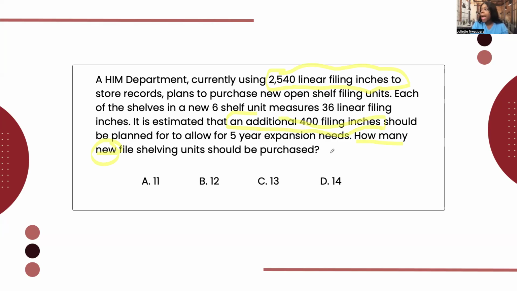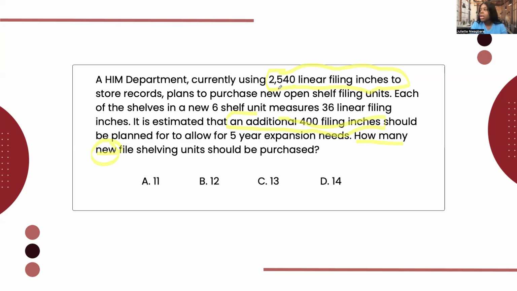We're trying to figure out how many new shelving units, which means that our math needs to consider this additional 400 filing inches in the calculation. Some of these numbers may be based off of you forgetting to take 400 into consideration.